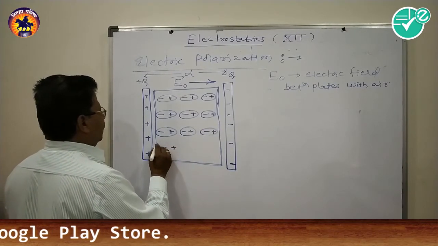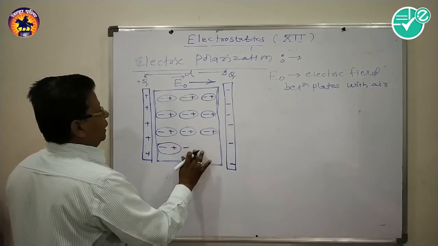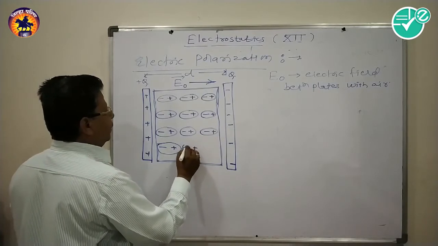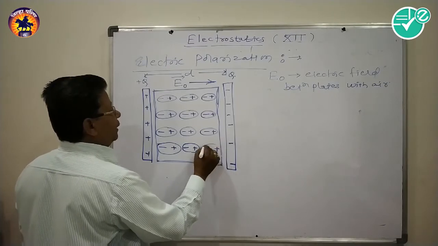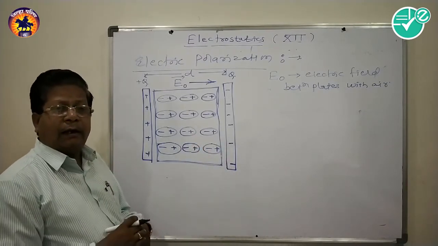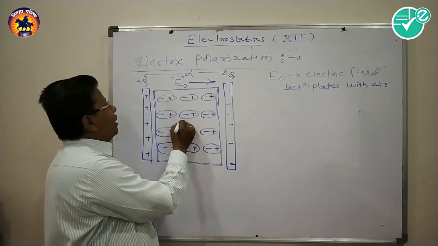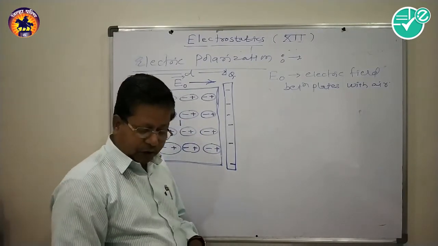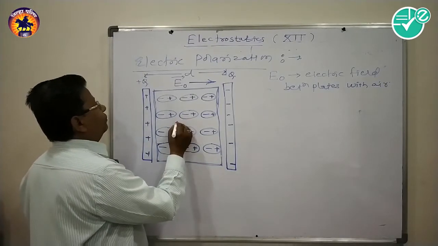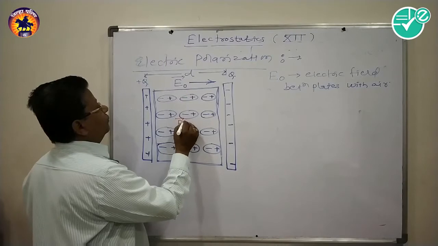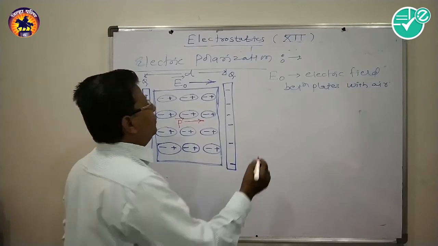So when electric field is applied to the dielectric, we will get net electric dipole moment inside the dielectric, and the resultant electric dipole moment, which is P, and this P is directed from positive plate to negative plate.